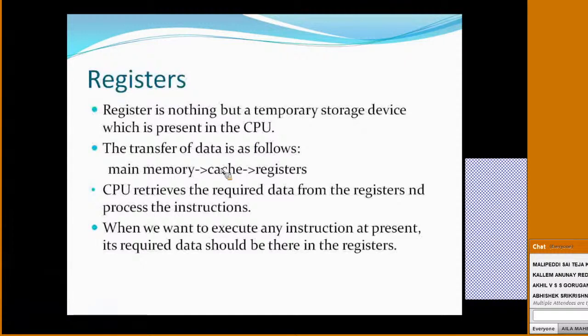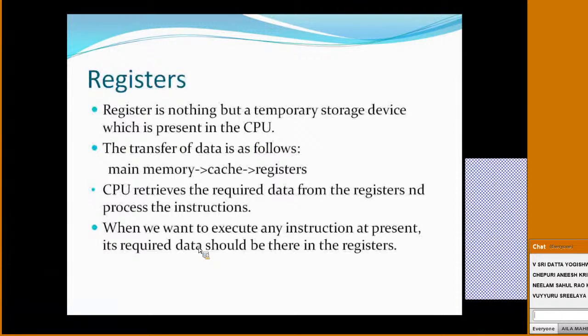Now, to perform an instruction, the CPU will retrieve the data from the registers. Your CPU mainly contains three components: the ALU, the control unit, and different types of registers. What are those different types of registers?